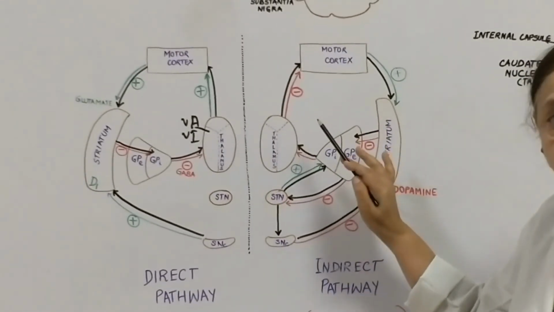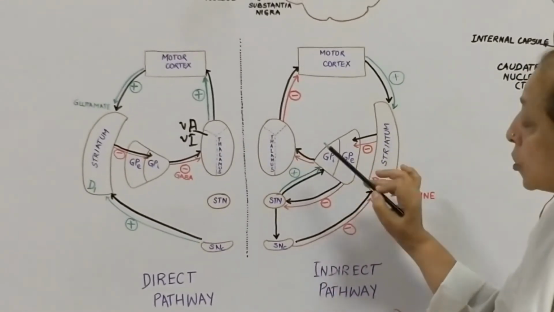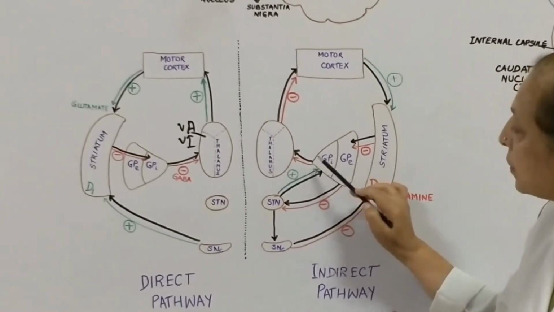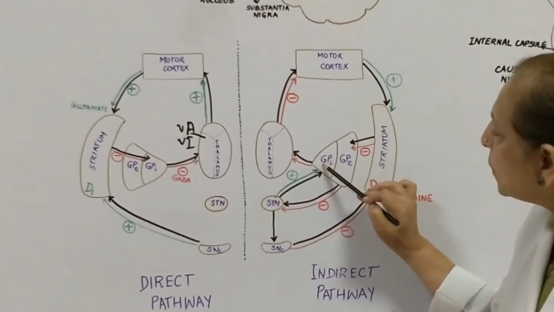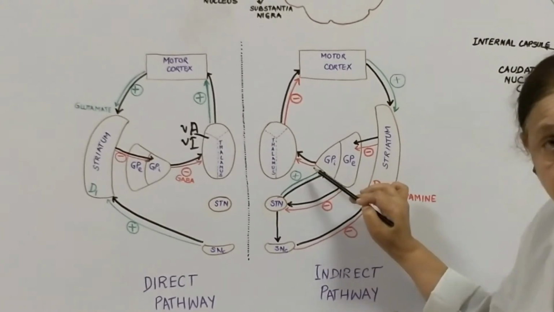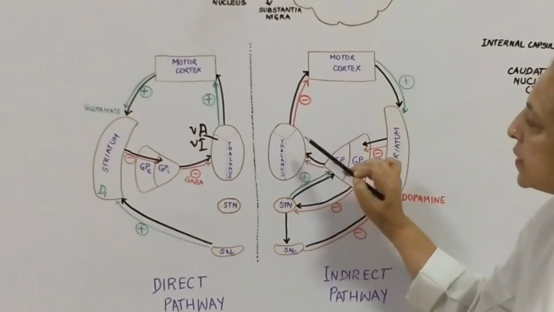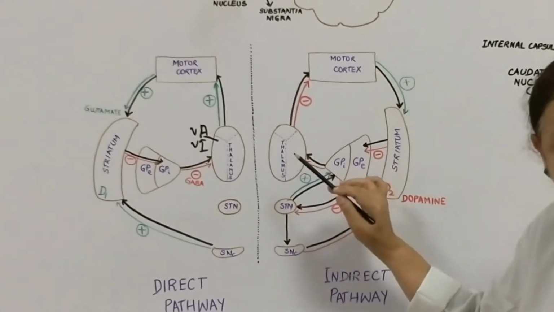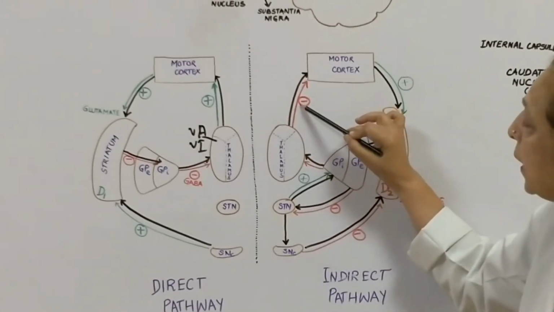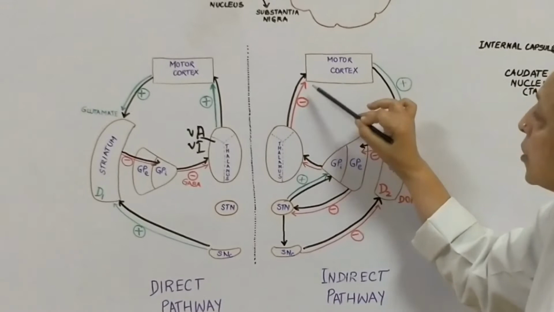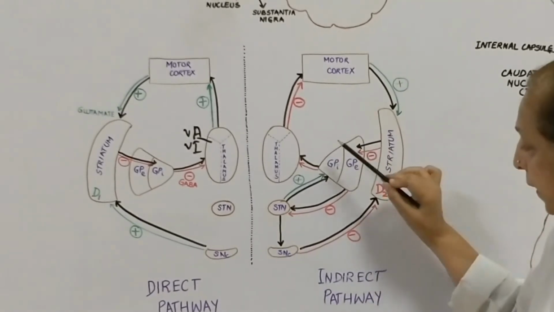We want inhibition. We do not want any movement. So if we want inhibition, we want the globus pallidus internum to be activated and release GABA. So when it releases GABA, the thalamus is going to become inactive and it will not fire any glutamate onto the motor cortex. Clear about this?